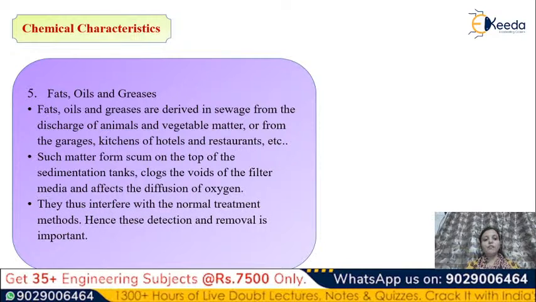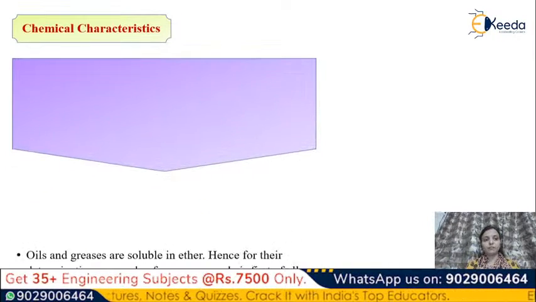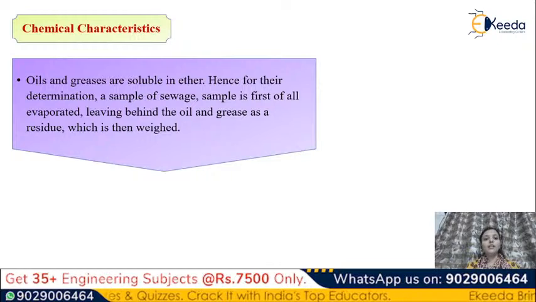They thus interfere with the normal treatment method, hence their detection and removal is important. Oil and grease are soluble in ether, so for their determination the sewage sample is first evaporated, leaving behind the oil and grease as a residue, which is then weighed.